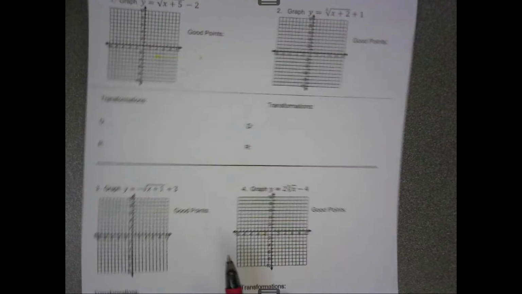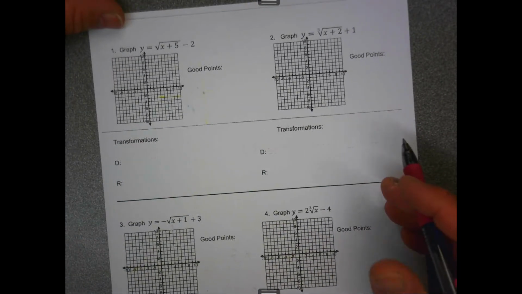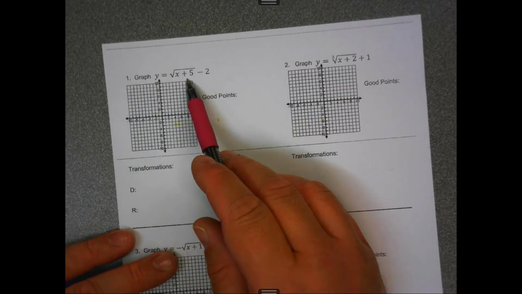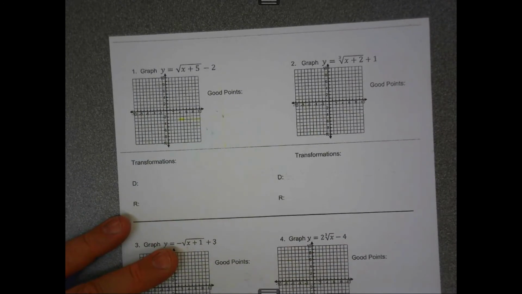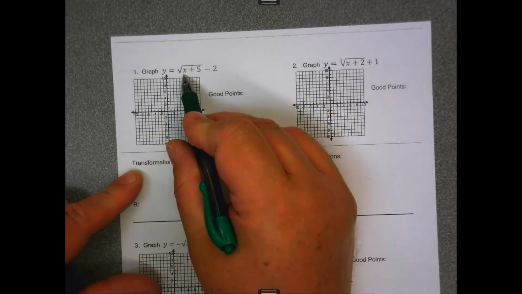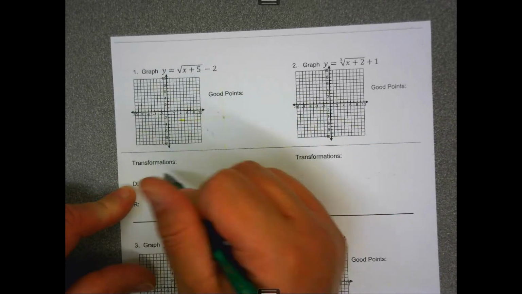Okay. Let's look at some more examples. First of all, the transformations here. This is a square root. So transformations here. Well, let's see. I'm going to go left 5, opposite that. So it's left 5.